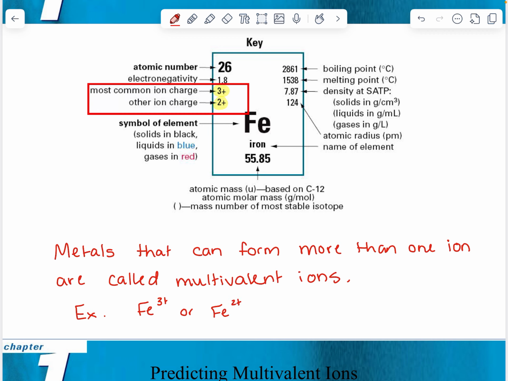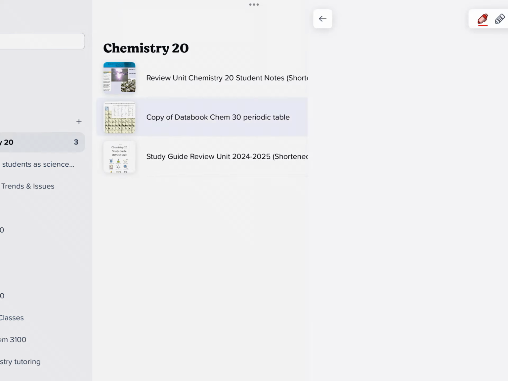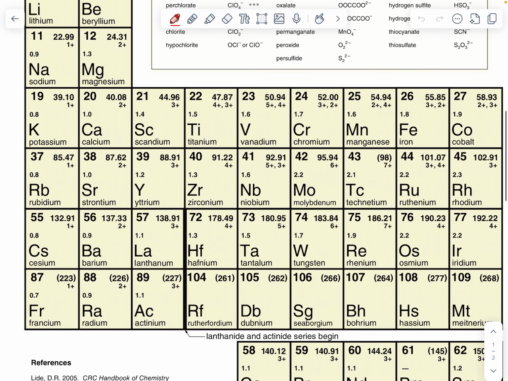Okay. And so if you look at your periodic table, most of the multivalent metals are shown in the transition metals. And I said that they exhibit a lot of different properties. And they're a lot more complex. So if you continue into higher levels of chemistry, they'll talk about why they can form different ions. But at this point, we just need to know that they can.